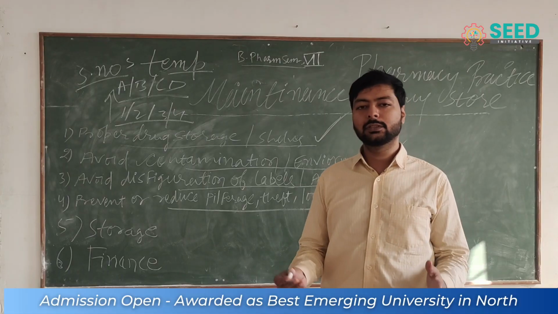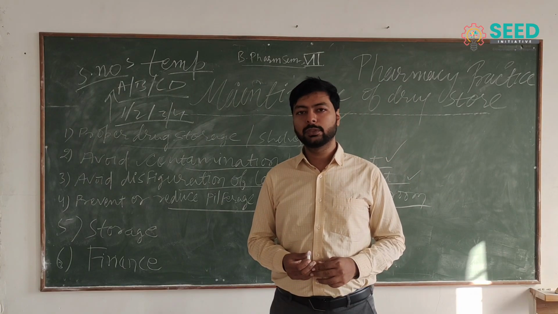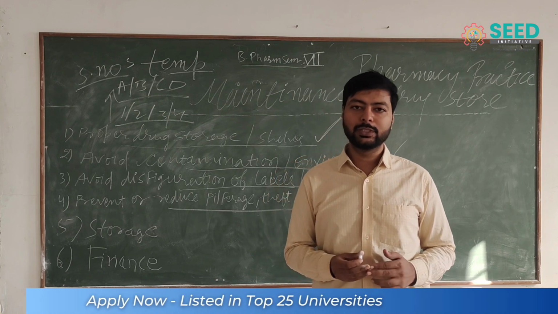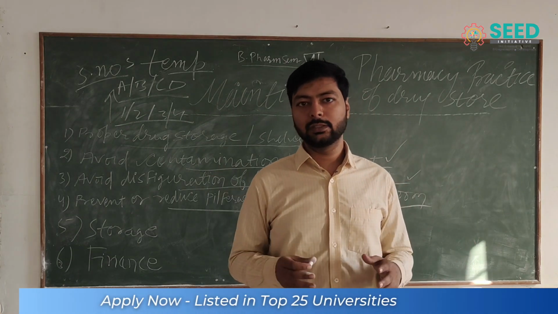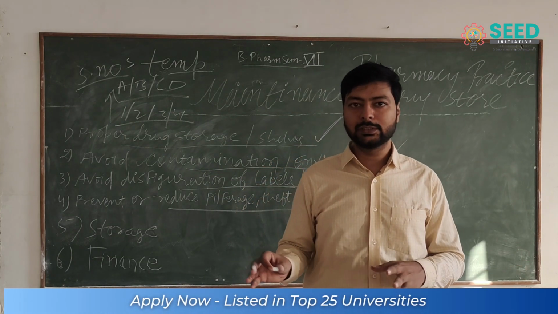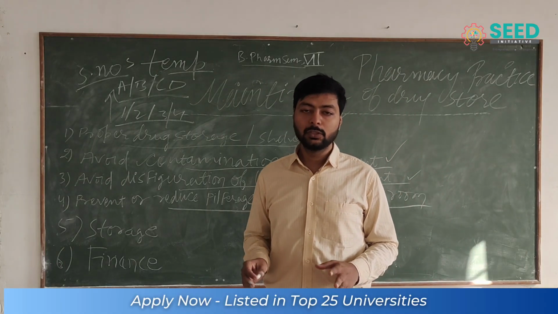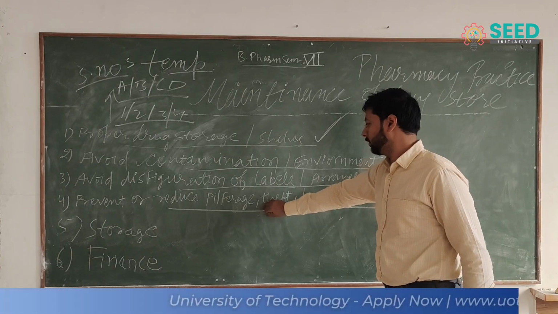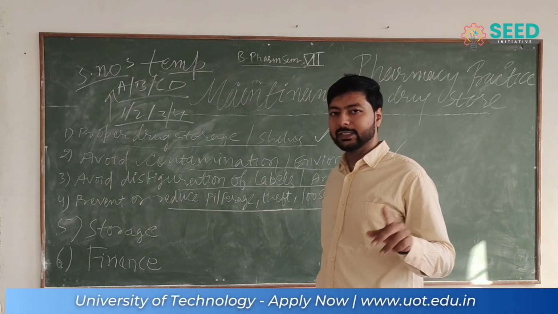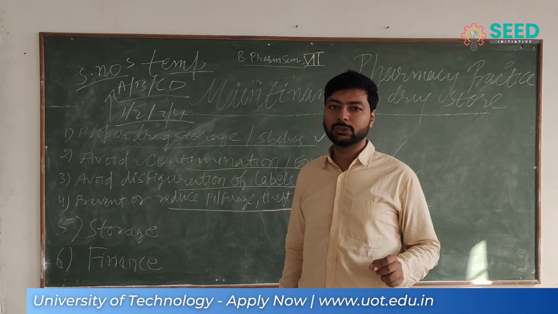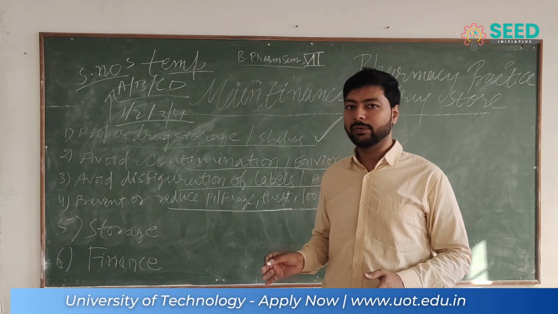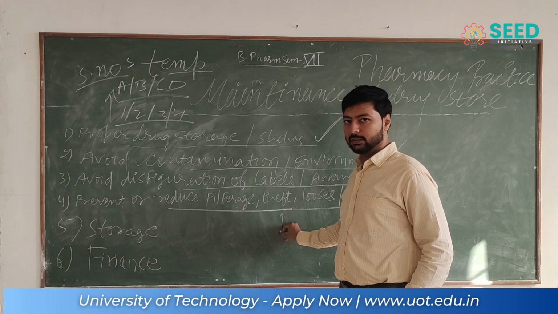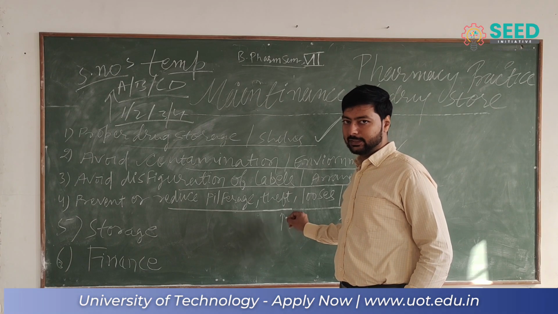Suppose in a computer screen the stock is 10 crore, but when we go to the storeroom and calculate, the stock is not 10 crore, it is 9 crore 50 lakhs. So it means 50 lakhs of stock is theft. When we bifurcate all the stock, we have seen thousands of drugs, and 10 drugs are not seen in this.